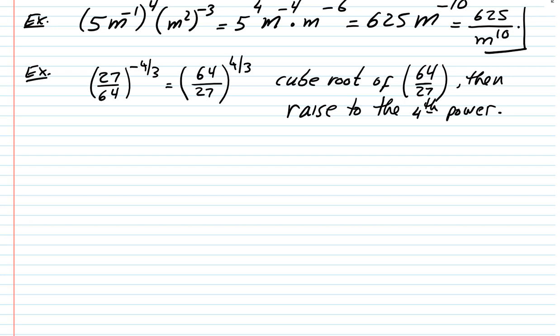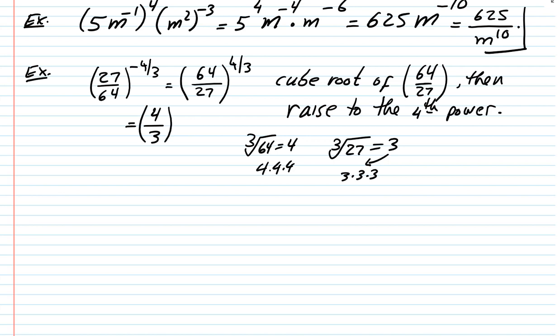Well, cube root of 64, that would be 4, because 4 times 4 times 4 is 64. So cube root of 64 is 4. Cube root of 27 is 3, because 3 by 3 by 3 is 27. Now, this means cube root of that and then raise it to the 4th power.